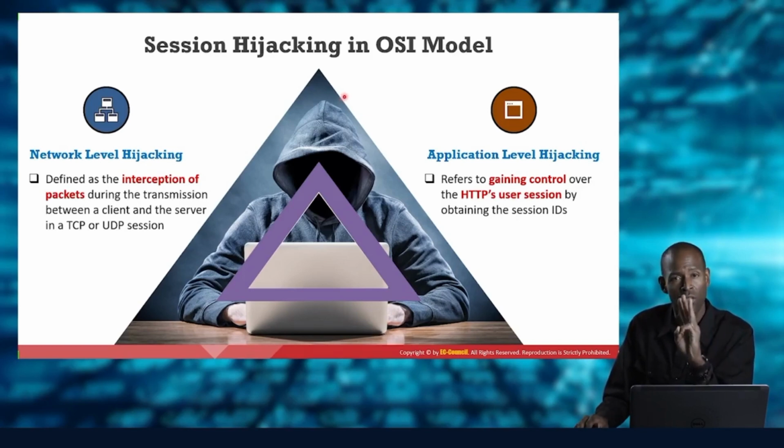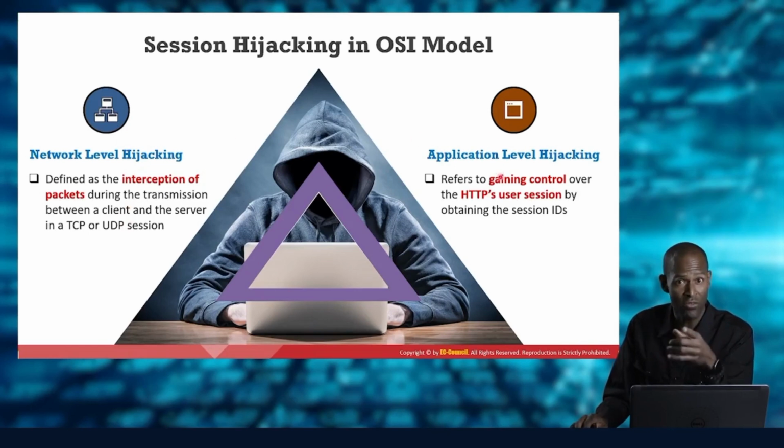At layer 3 of the OSI model, did you see that on the image? That's the network layer where we find packets, IP addresses, the IP protocol, etc. At layer 3, we can intercept packets to hijack the session. Then we look at TCP or UDP, which is at layer 4, and run that hijack starting at layer 3.